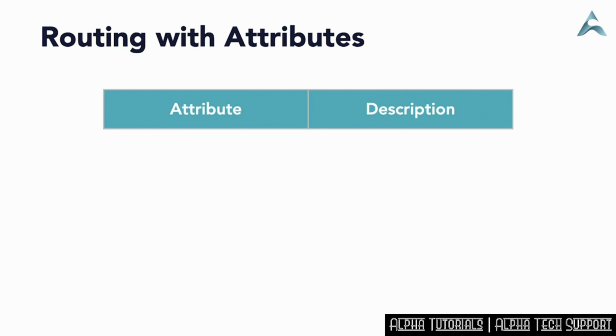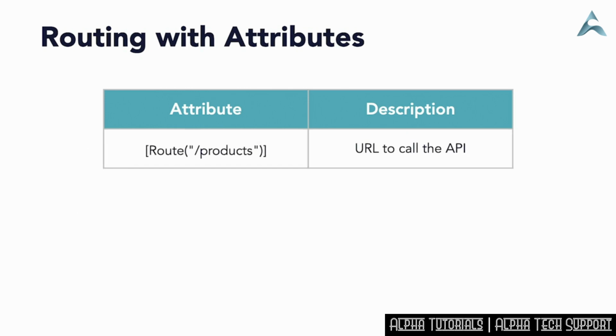There are, of course, several ways to achieve this, but the one I prefer is just to use attributes. Here is a simple example. If we have the Route attribute and we use it like this, Route("/products"), then basically we say use /products, so localhost port 12345/products, to call this very specific method. For instance, to retrieve all products.